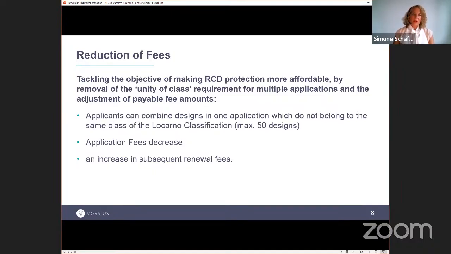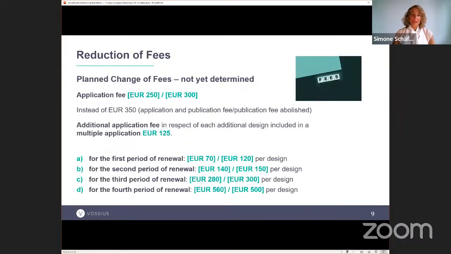And this will, of course, also have a consequence for the reduction of application fees, which you can see here. The application fee, which used to be €350, may be even cheaper, around 250 or 300 euro. It's still under discussion.